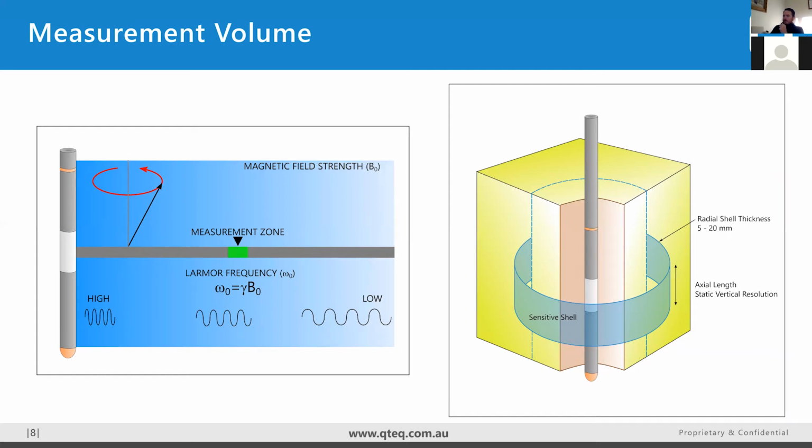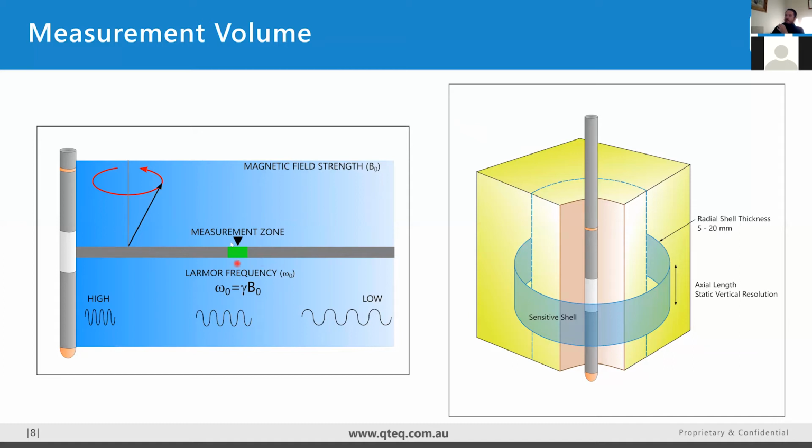So what do we physically measure? The name magnetic resonance tells us everything that we need to know about the measurements. We have a magnetic field. If we look here in this diagram on the left, as we get further away from the tool, our magnetic field strength decreases, and we have resonance. So it's a frequency dependent event.